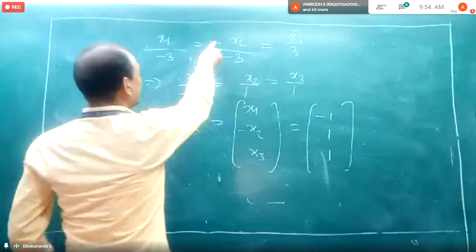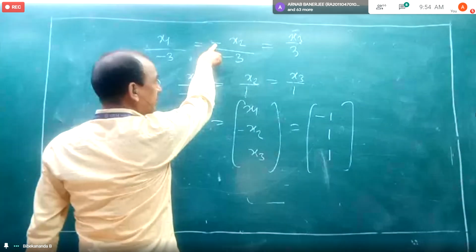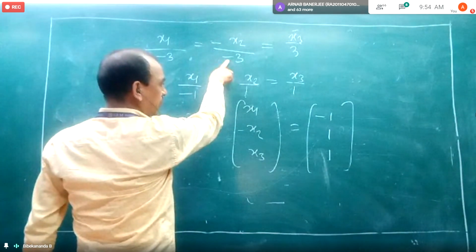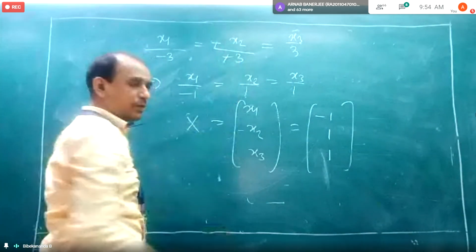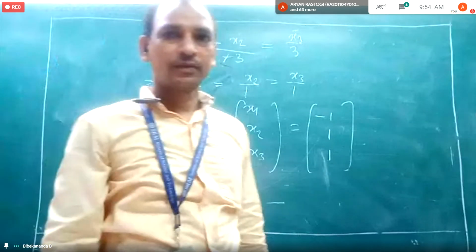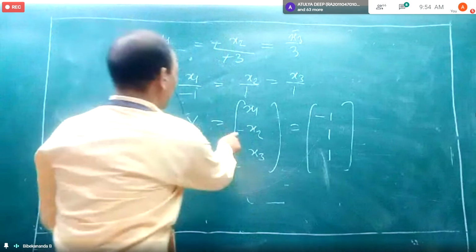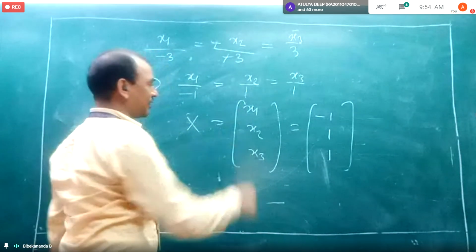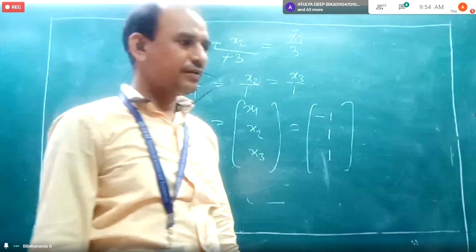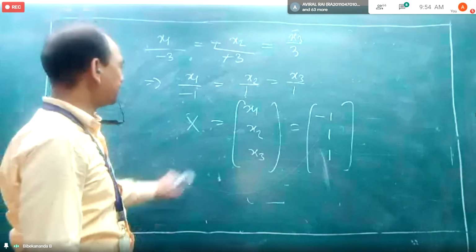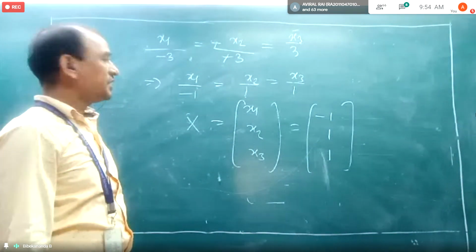You see here, minus is already above and minus is down, so minus and minus will be plus. That is the previous sign. Okay, so like this you have to find.